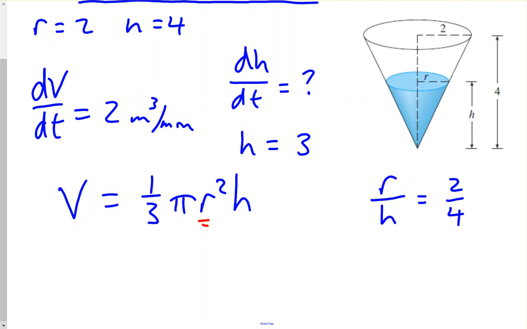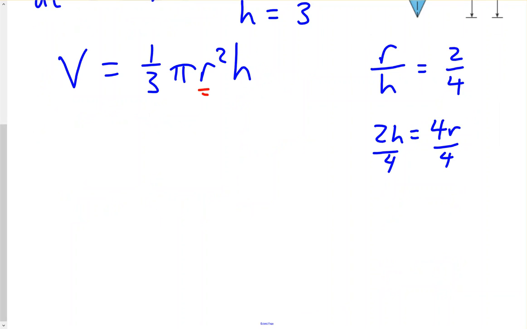So if I have r in terms of h, here I have 2h equals 4r. Right, if I do my cross multiply property, and solving for r, if I divide by 4, r would equal h over 2. Okay, so now let's replace r with h over 2.